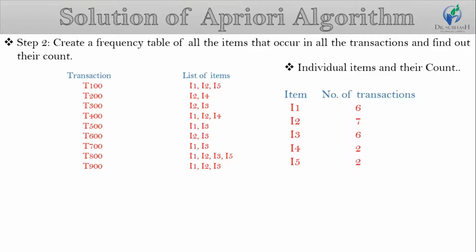Item I1 occurs 6 times in the original table: I1 occurs in transactions T100, 400, 500, 700, 800, and 900. Similarly, I2 occurs in transactions 100, 200, 300, 400, 600, 800, and 900. This way we find that I3 occurs 6 times, I4 occurs 2 times, and I5 occurs 2 times.